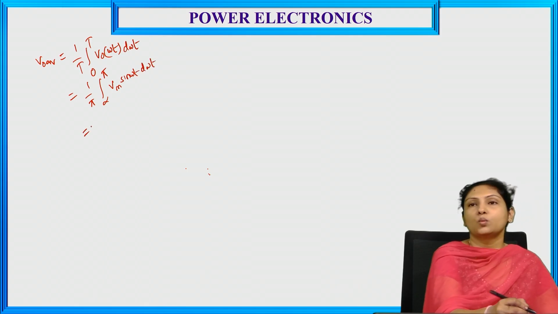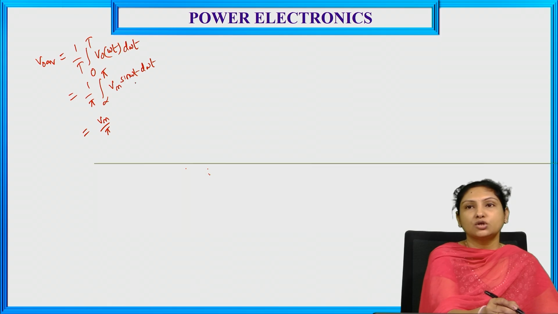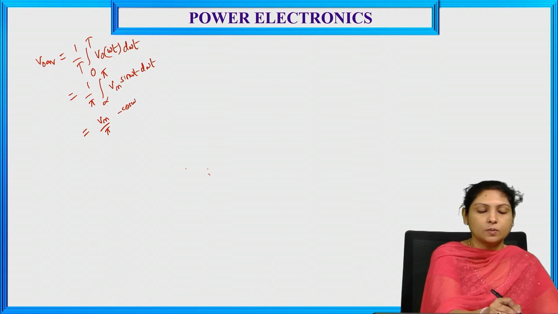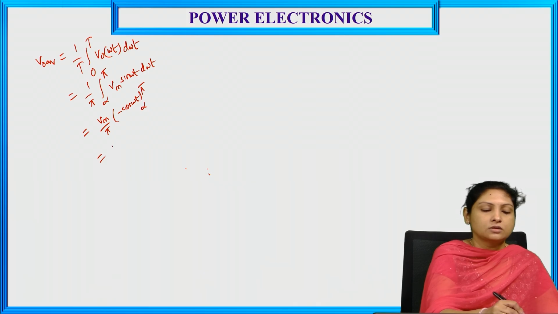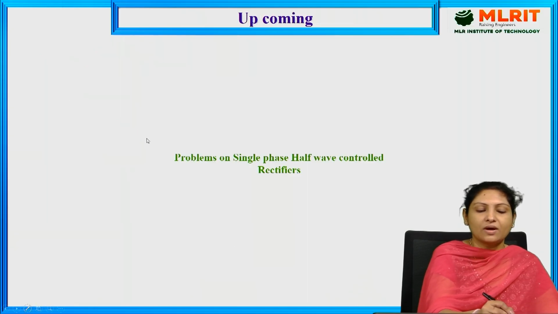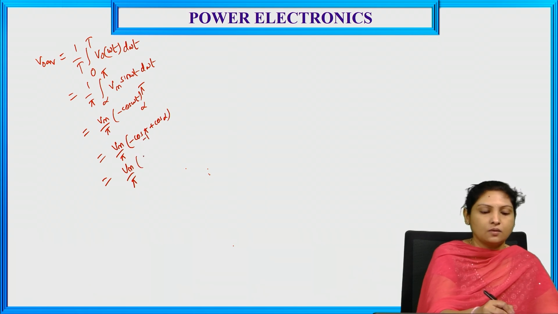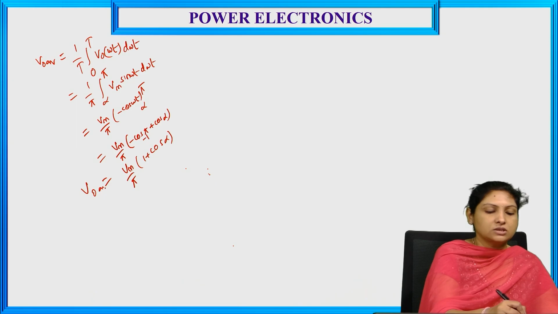Vm is constant, bringing it out, Vm by pi, and integration of sine is minus cos omega t, conducting from alpha to pi. So Vm by pi, minus cos pi, minus of minus plus cos alpha. Since cos pi value is minus 1, minus of minus plus 1, we get 1 plus cos alpha.